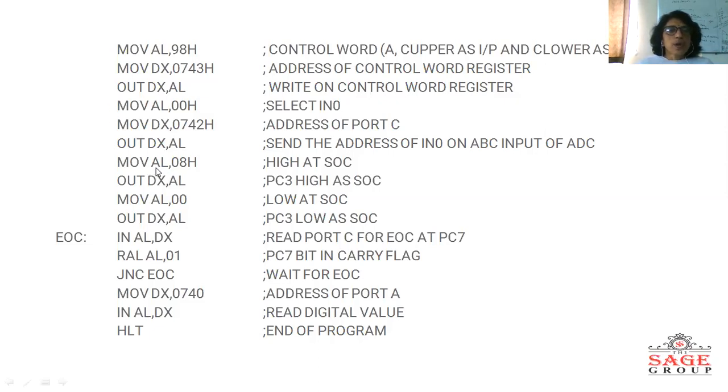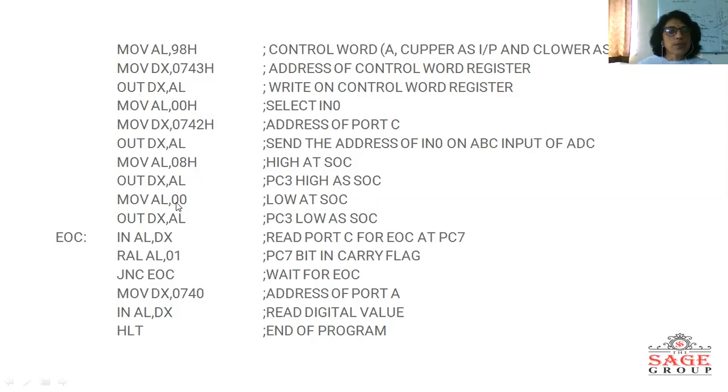Now, to make the start of conversion pin high, which is the PC3 pin, we have to load 08 into the accumulator, and this will be output again on port C, so that the PC3 pin will become high and the start of conversion pin will become high.